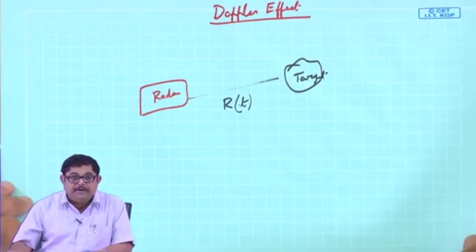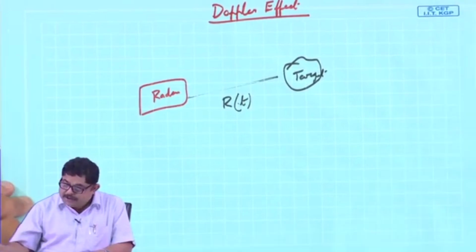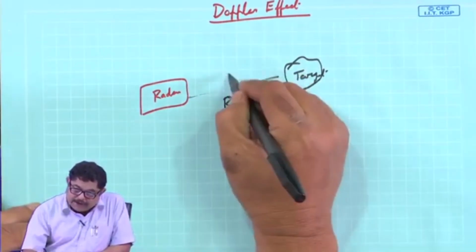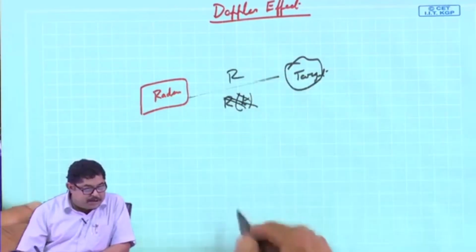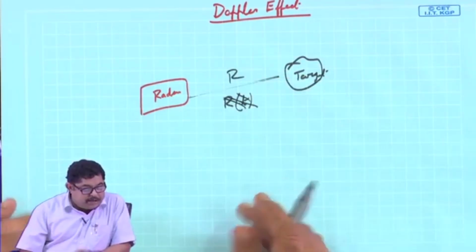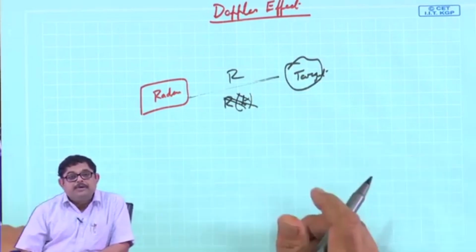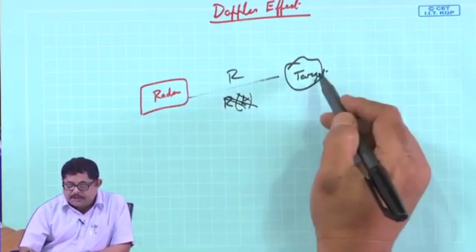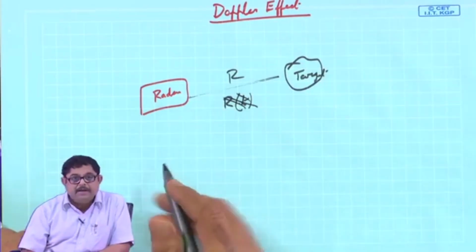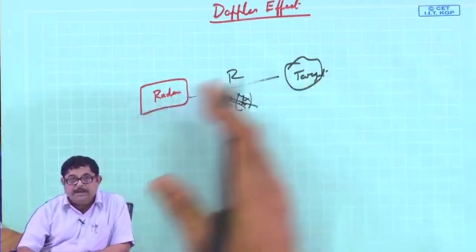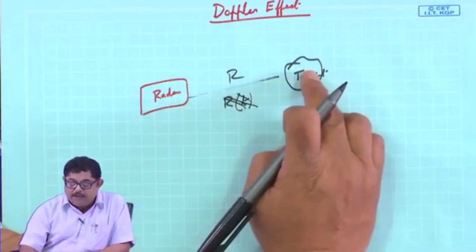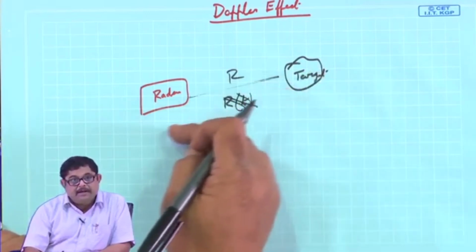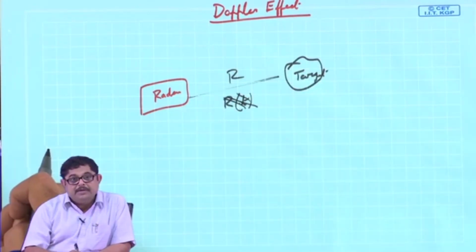So, what is the principle? I will very briefly explain this Doppler effect. Let us say that r is the distance between the radar and the target. The target is in the far field of the radar, so I can assume that a plane wave goes a distance r, gets scattered back, and comes here.